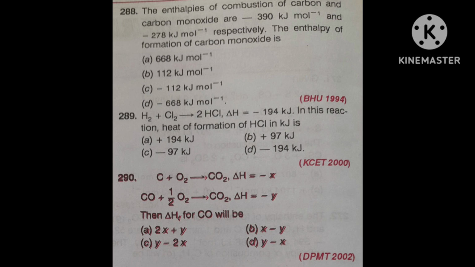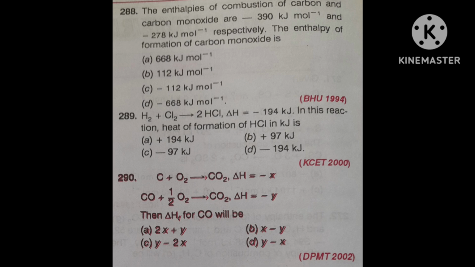And what do you have to calculate? The enthalpy of formation of carbon monoxide. Enthalpy of formation of carbon monoxide means you have to calculate, for C plus half O2 giving CO, what will be its delta H value.